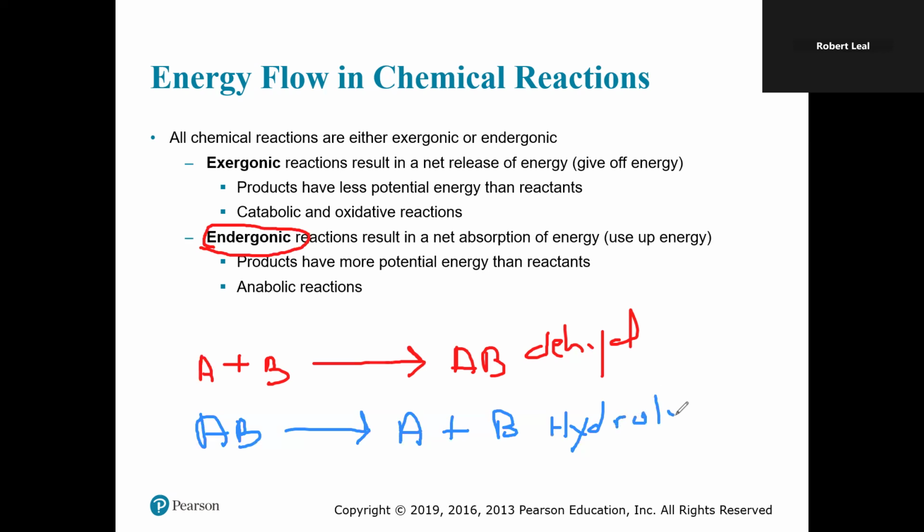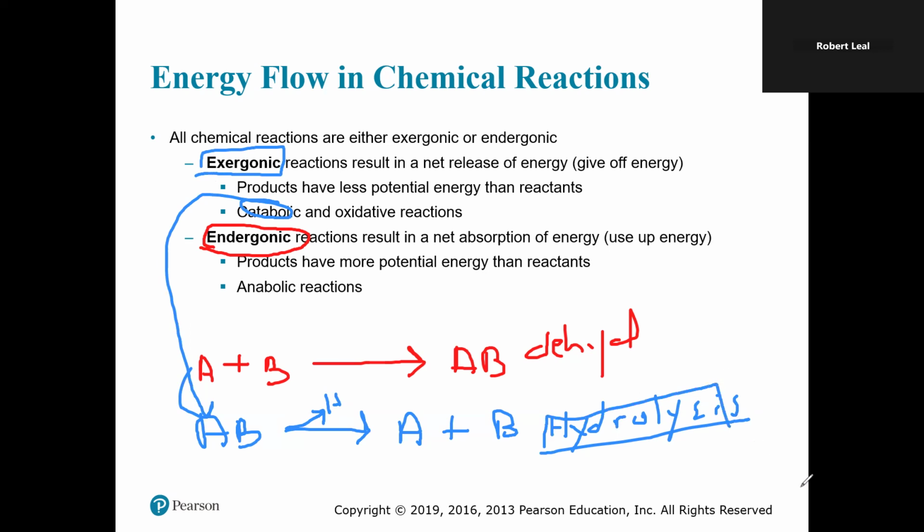I need to add water so that it separates. And when you have catabolic reactions, also known as hydrolysis reactions, you lose some energy in the form of heat. So as heat is being released, those reactions are referred to as exergonic. And notice I said this bottom was an example of catabolic, which is also known as a hydrolysis reaction.